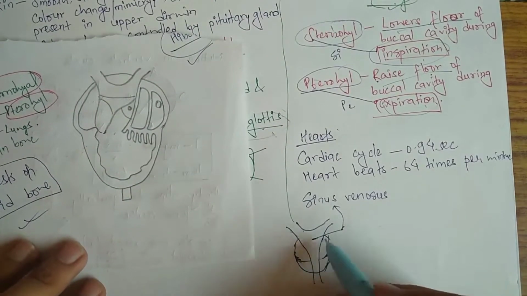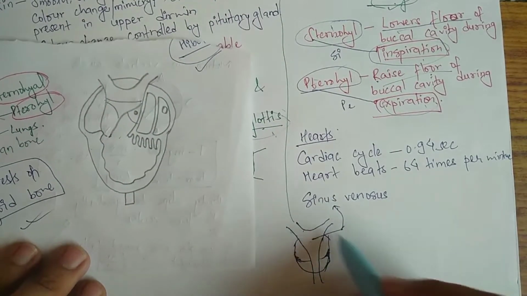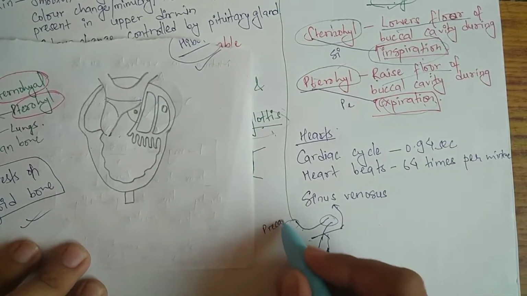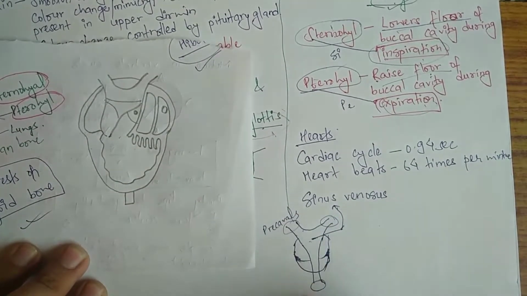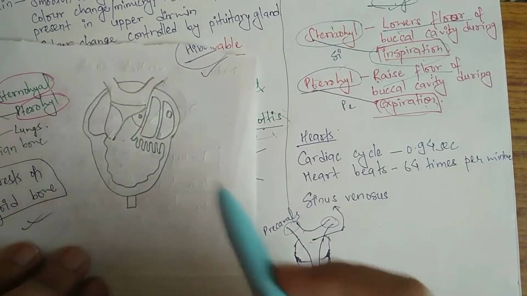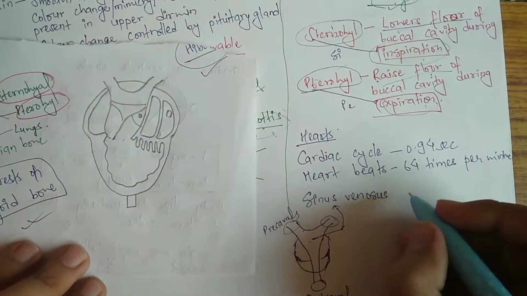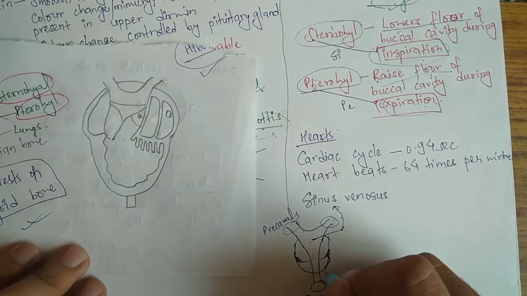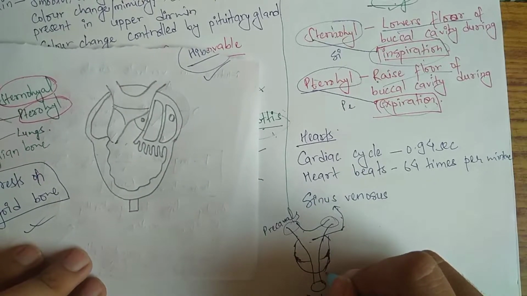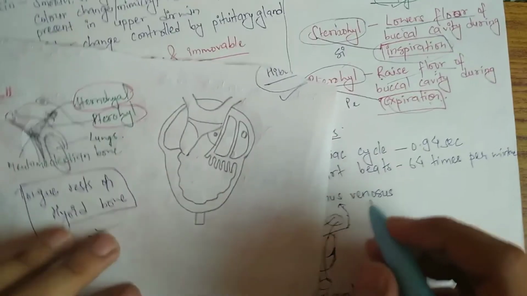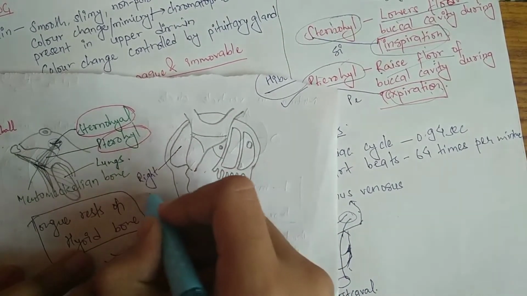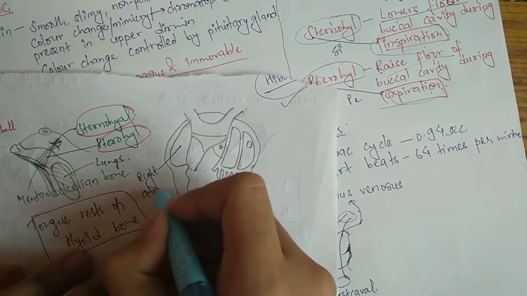This one is sinus venosus, which collects blood from two precavals and then one postcaval. Sinus venosus receives blood from two precavals and one postcaval and opens into the right auricle. This one is the right auricle, right atrium or auricle.